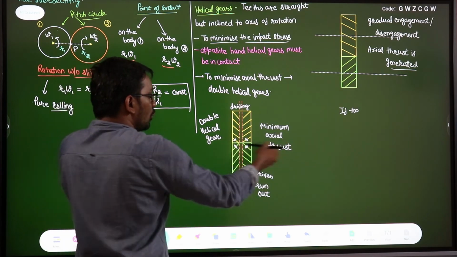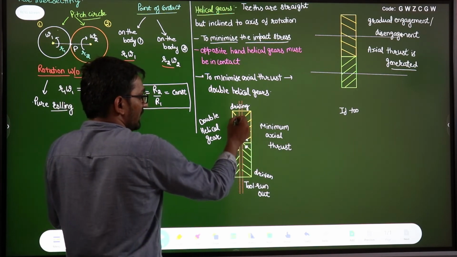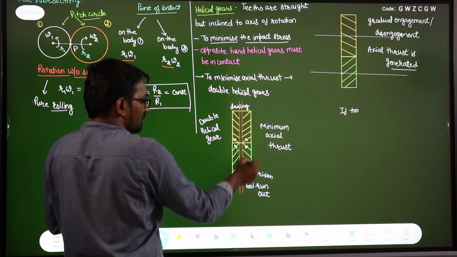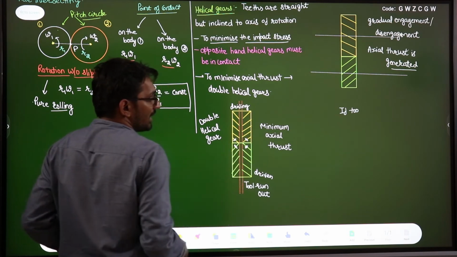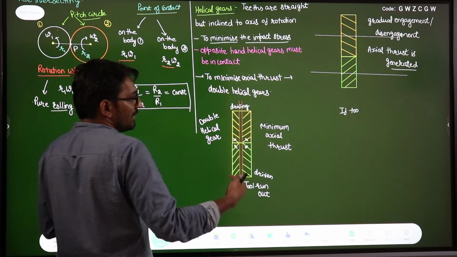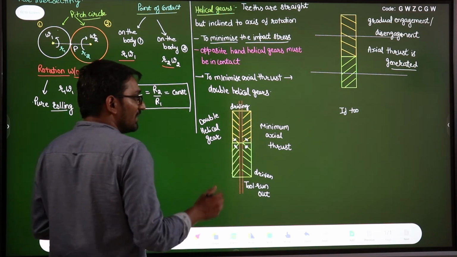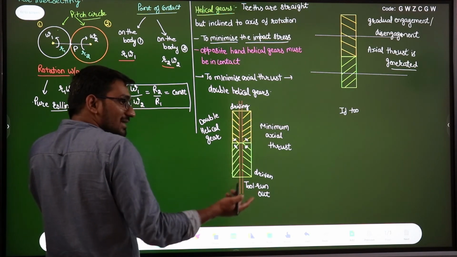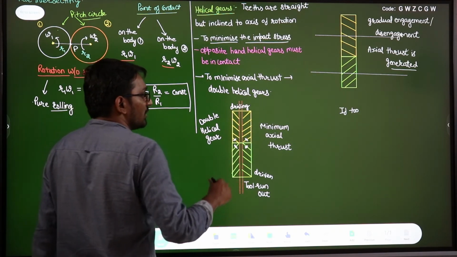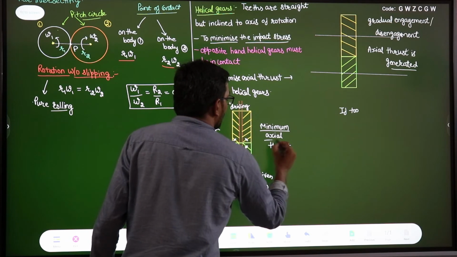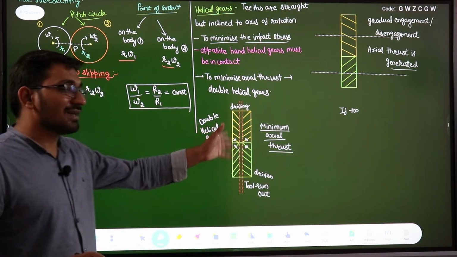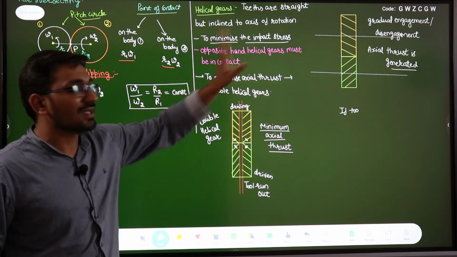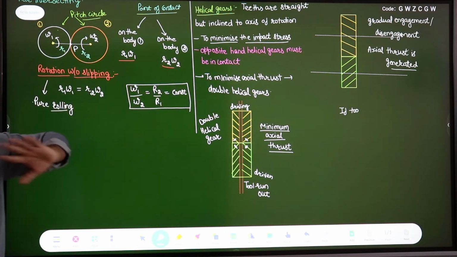So we have two axial thrusts, one for this half gear and another for this half gear, in two opposite directions. If they are equal, they will cancel each other. In general, because we have two axial thrusts in opposite directions, the net effect will be to minimize the axial thrust as compared to the single helical gear.